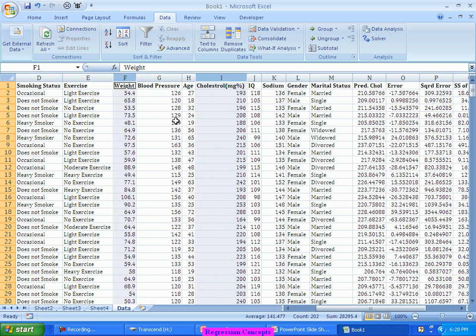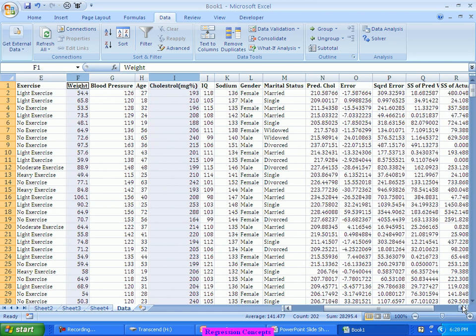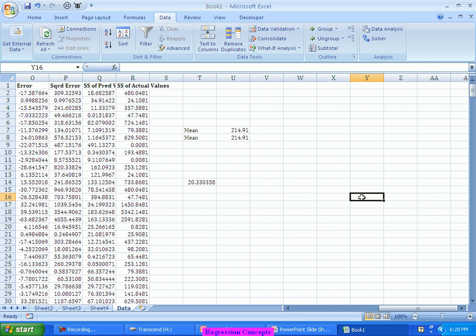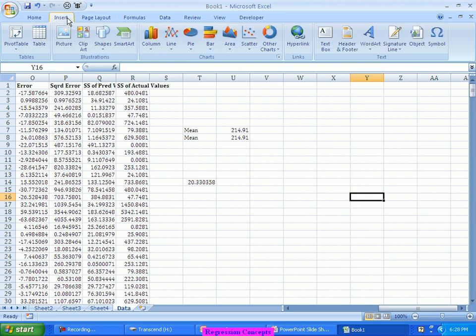I want to see what relationship exists between the two, only two variables at a time. So for that I can do what is called a scatter plot. In a scatter plot, one variable is on the x-axis and the other is on the y-axis.